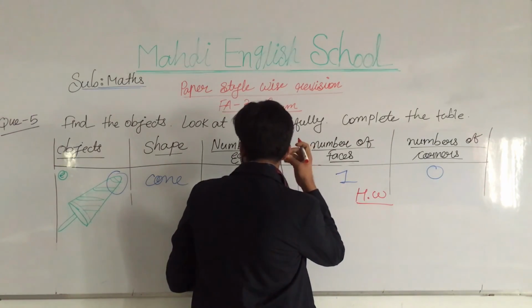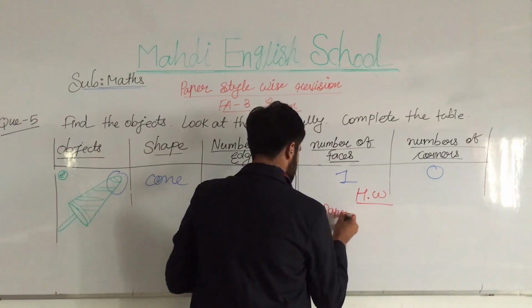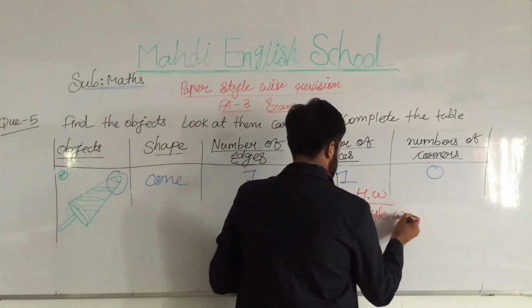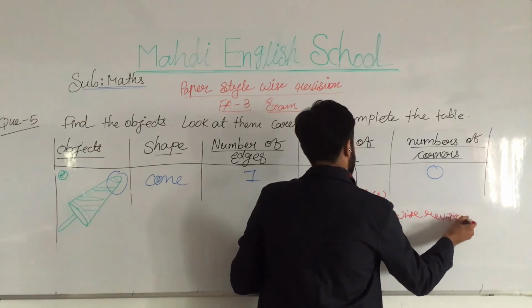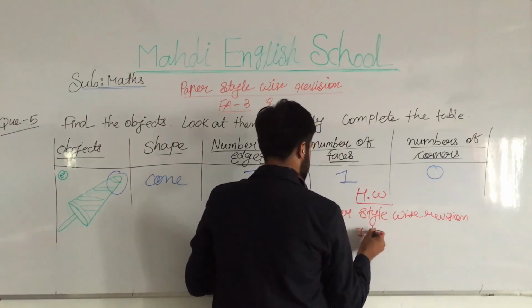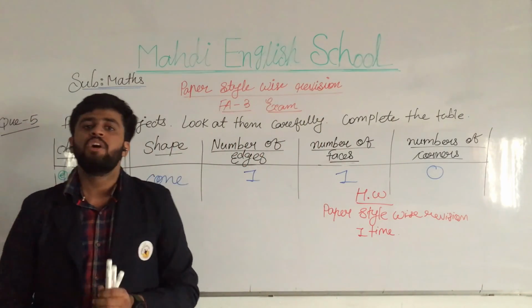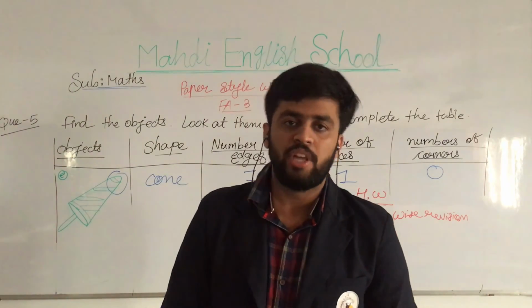Okay, we have done it one time in your draft book. Understood? I hope you all have understood. Thank you so much, all of you. Thank you for watching this video. Thank you all.